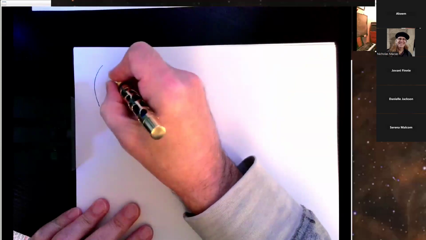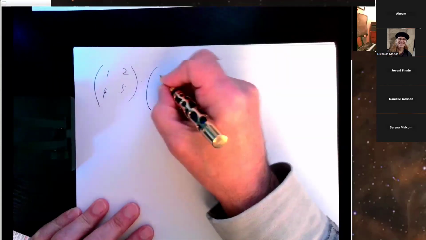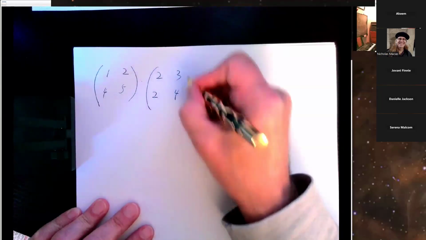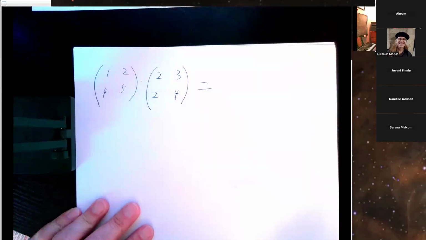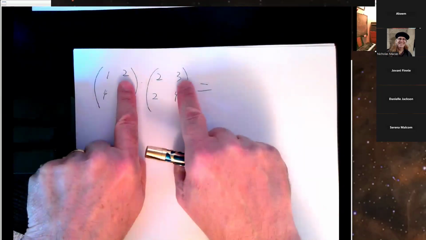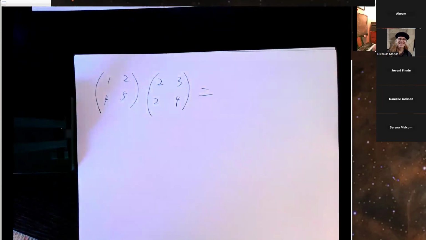So for example, if I want to multiply two matrices, we don't do the obvious thing, which would be 1 times 2 is 2, 2 times 3 is 6, 8, and 20. That doesn't work for us.